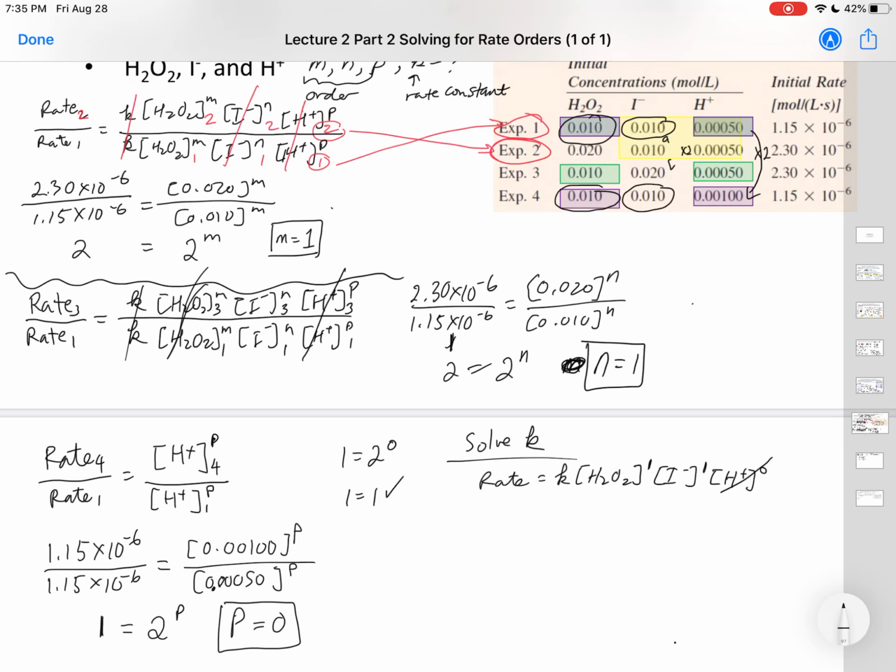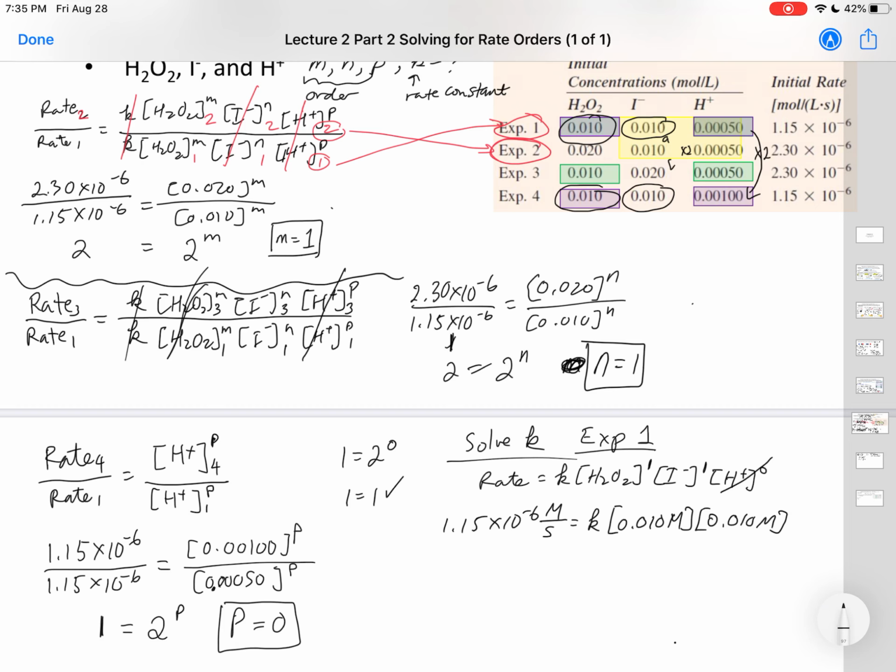So looking at the data from experiment number 1, the rate is 1.15 times 10 to the minus 6 molarity over seconds is equal to K. The concentration of H2O2 from experiment number 1 is 0.010 M. And from experiment number 1, the I minus concentration is 0.010 M. Okay, this is all from experiment number 1. All the data is from experiment number 1.